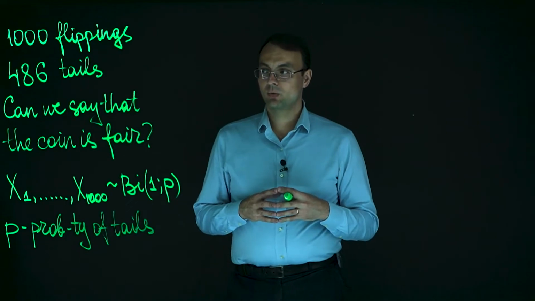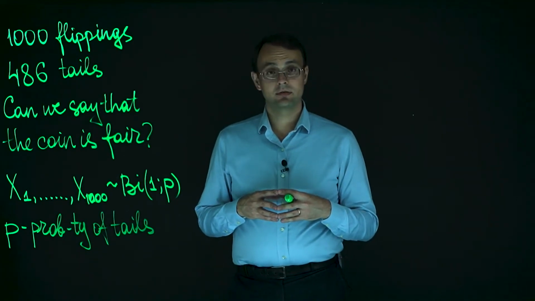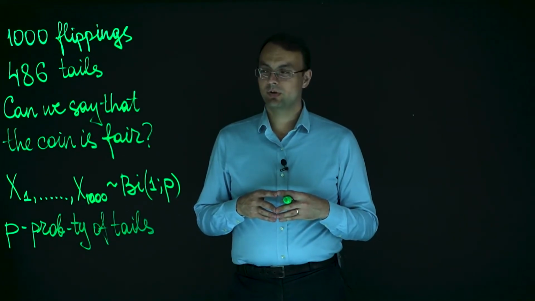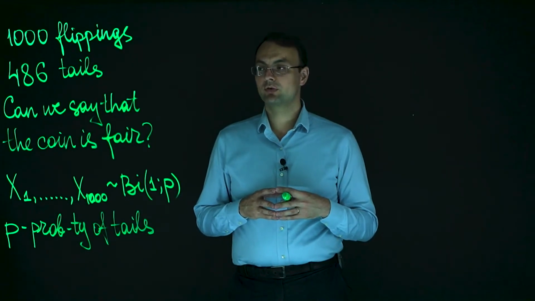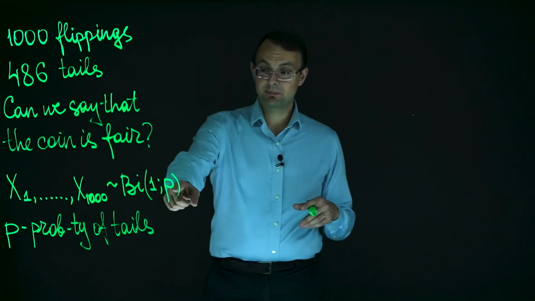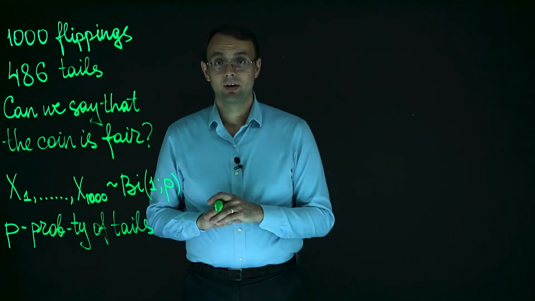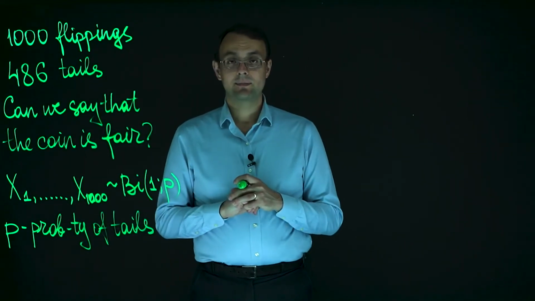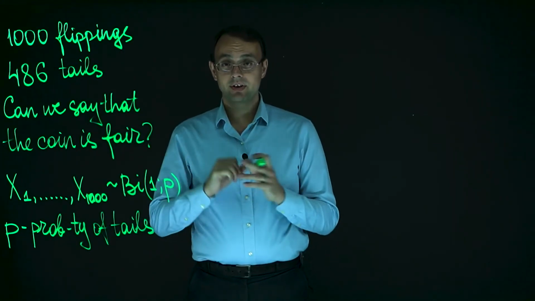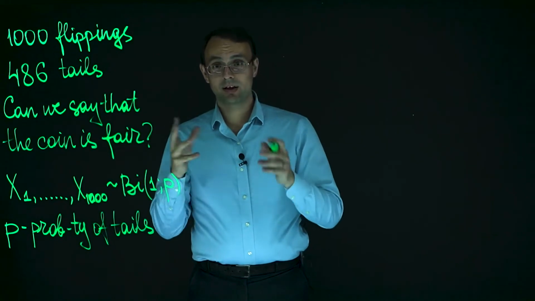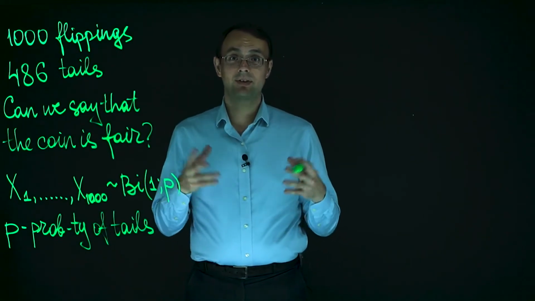And when we say that we want to test a hypothesis that the coin is fair, that means that we want to test a hypothesis that this p is equal to 1/2. That the probability of getting tails is equal to 1/2. A fair coin means a coin that gives us with probability 1/2 tails and with probability 1/2 heads.